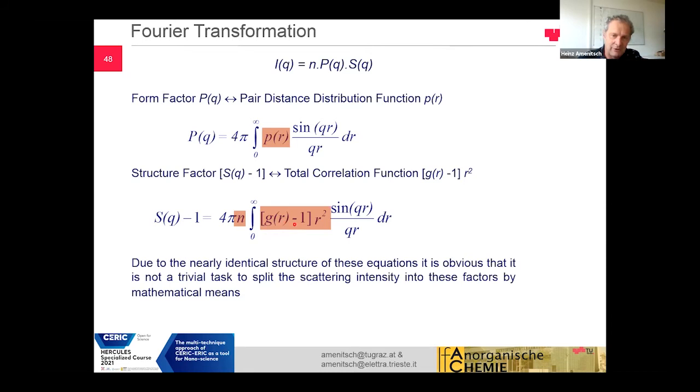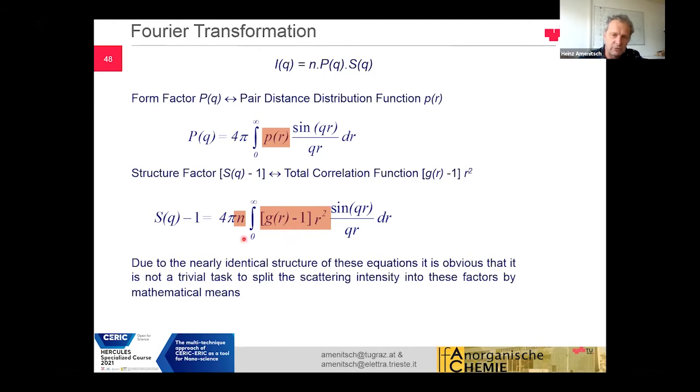So if you have a certain neighboring distance r of the particle, this is strictly related to the dimension of the particles. Okay, and this means you cannot decouple them without any a priori knowledge.